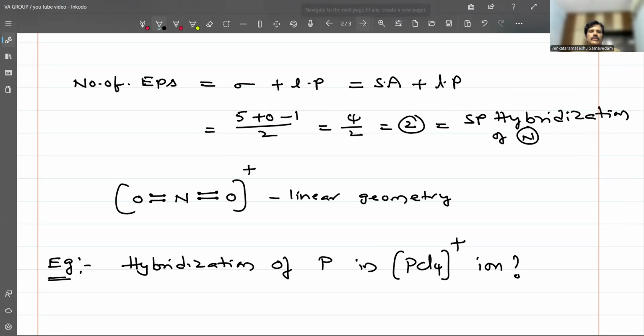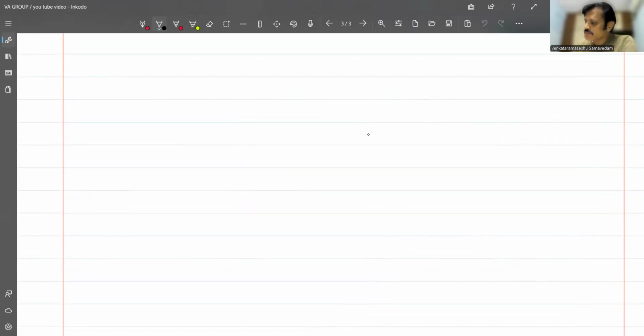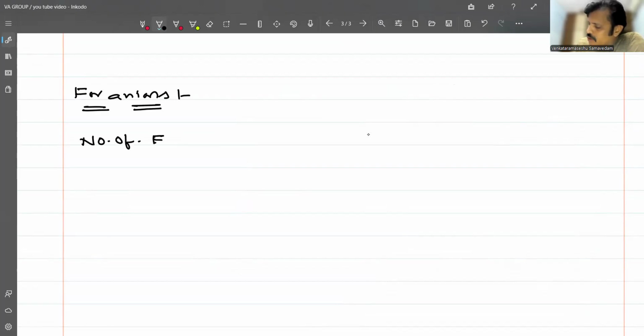I'm going to take anions. Let us take, if I want to find out for anions, what is the number of electron pairs formula? Number of electron pairs is nothing but again sigma bonds plus lone pairs. Sigma bonds are nothing but surrounding atoms; unshared pairs of electrons.